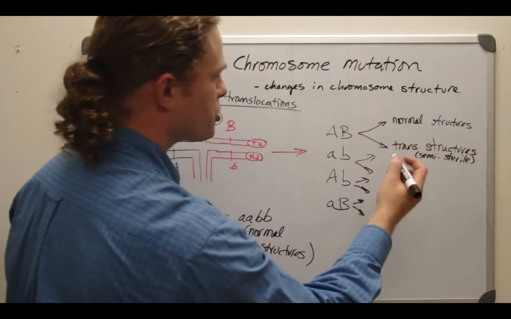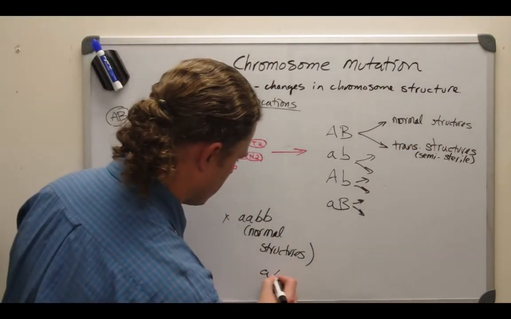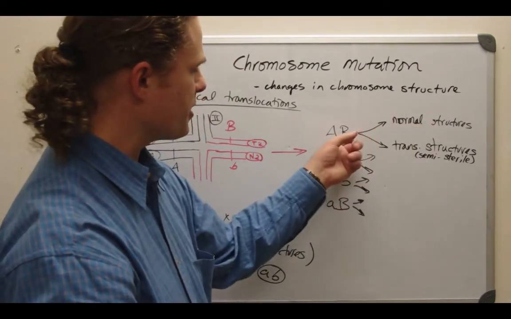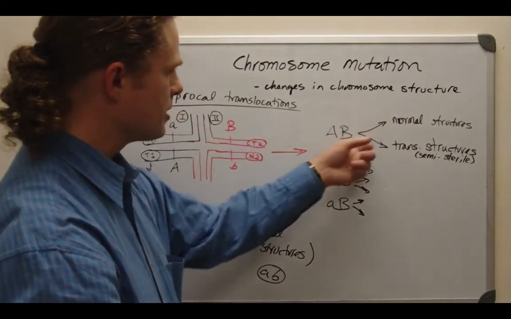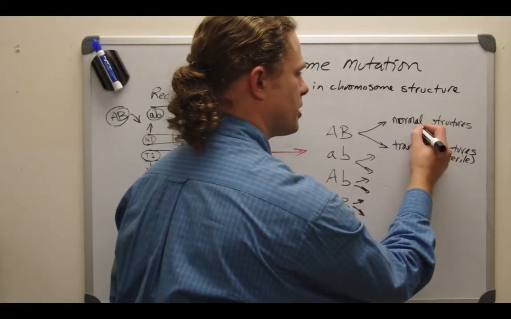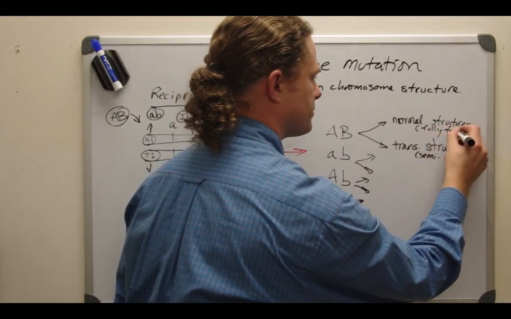And the ones on normal structures, because this gamete coming in is just a little a, little b gamete on normal structures, if we have normal structures from this gamete coming out of this, then this organism will have fully normal structures, will not be a translocation heterozygote, and as a result will be fully fertile.